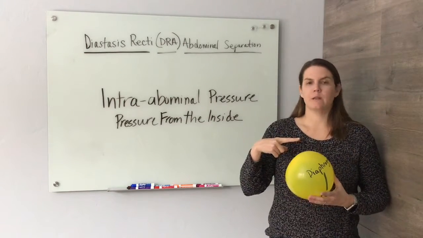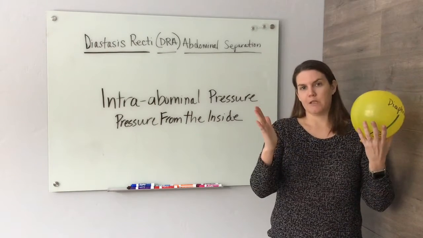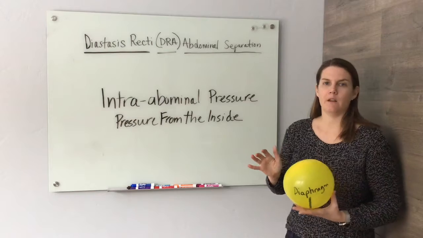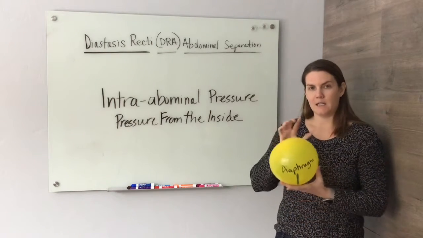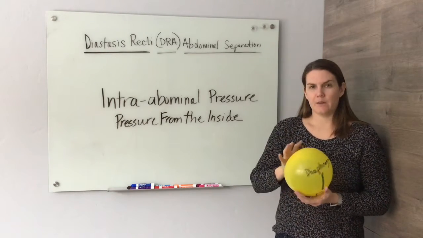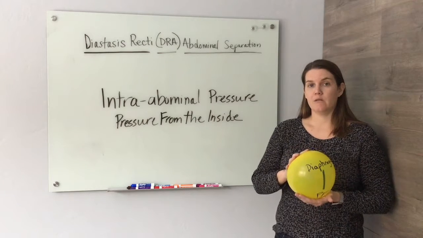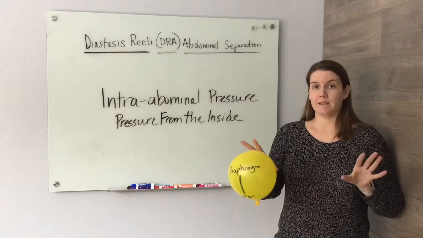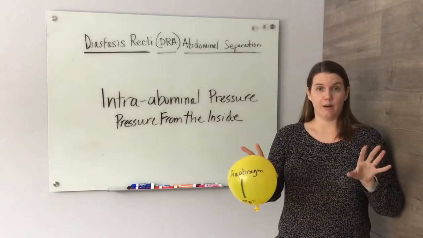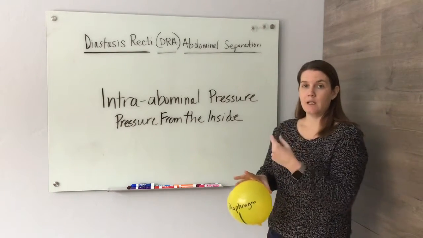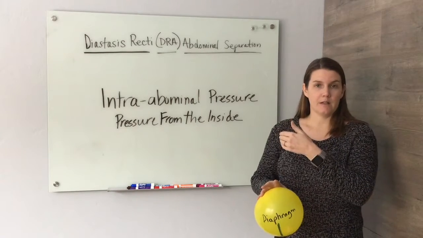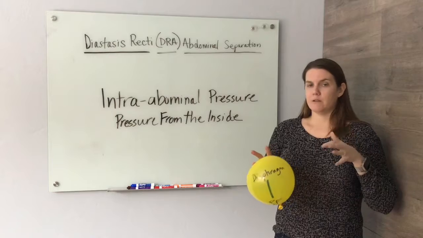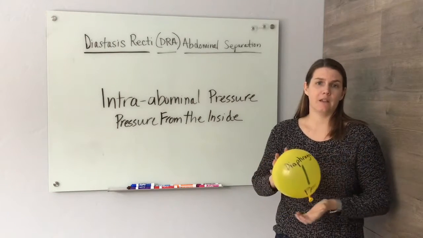Okay? So that's another reason I wanted to talk about this, that I said in the beginning those pictures are too simplified, of just those muscles separate or they don't. That's not the whole picture, and I hope you're seeing that with the last 2 classes, the anatomy and here. The final thing I want to say is that I want to caution you about taking any of the classes that just say they're for diastasis and that they will solve your problem, because as you can see, there are so many different factors that affect your diastasis that I want you to be a little more discerning or cautious about things like that.